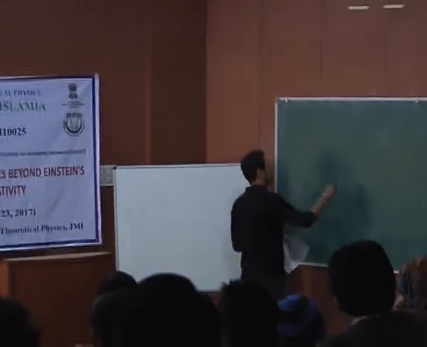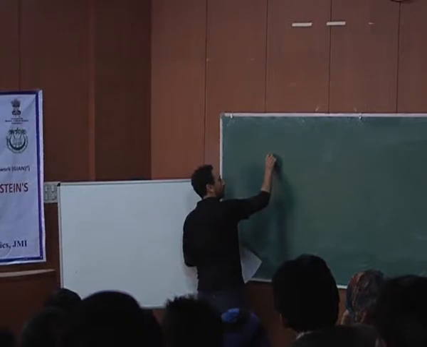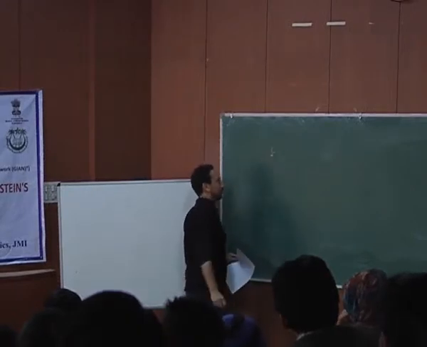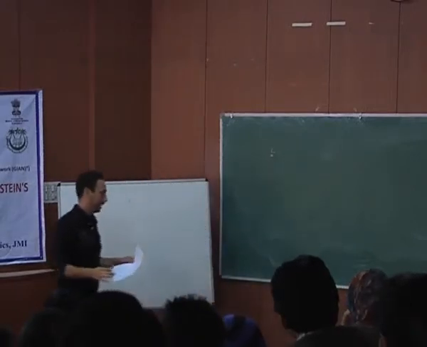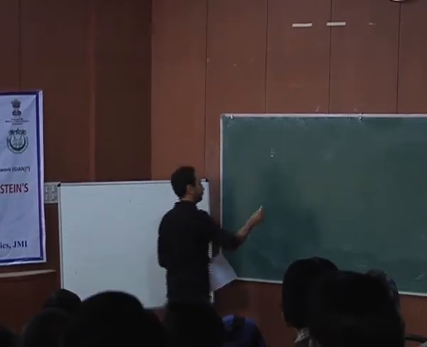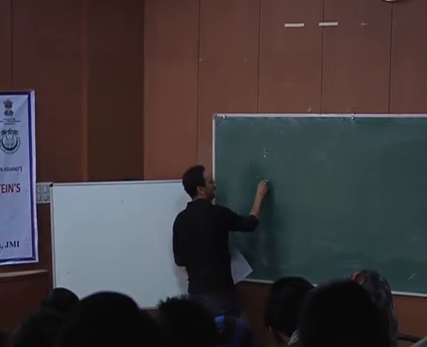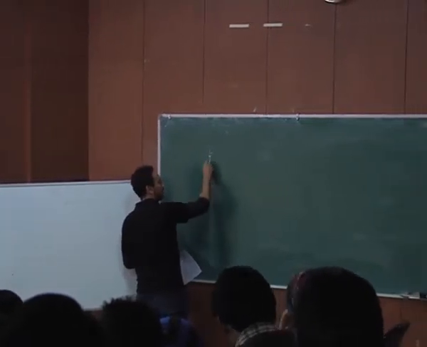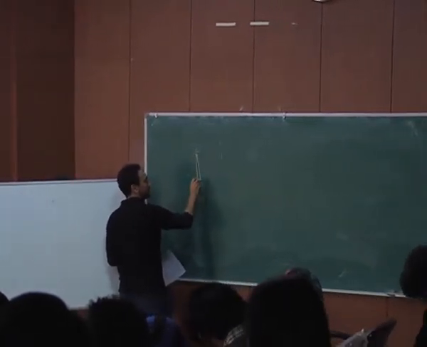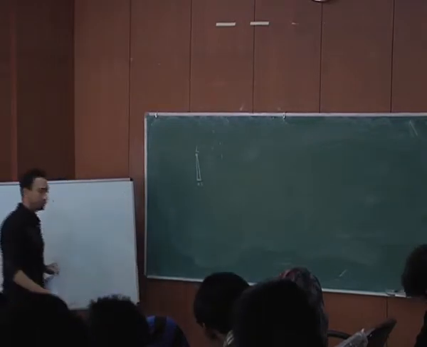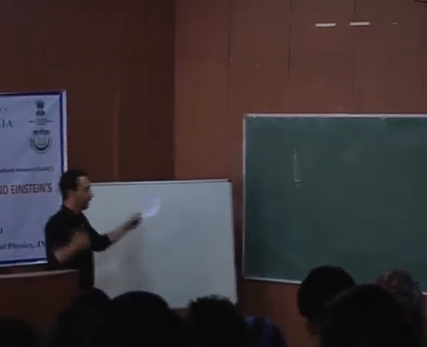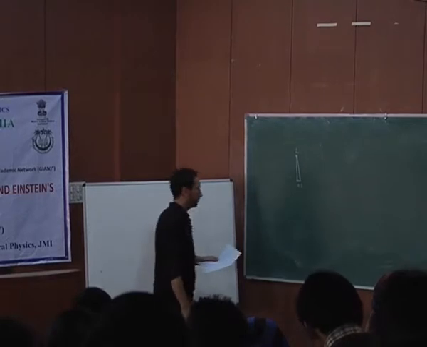Imagine that we have a source, some star, which emits some luminosity L. That light goes everywhere, of course, and we are somewhere here. We receive part of this light. Of course, we receive just a section of it. We don't receive the light coming from all the star.